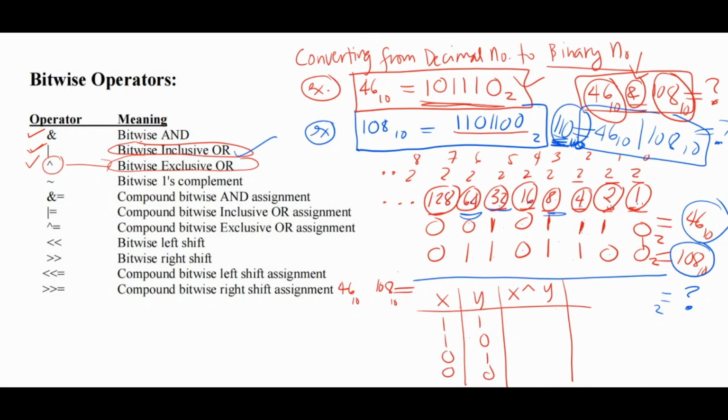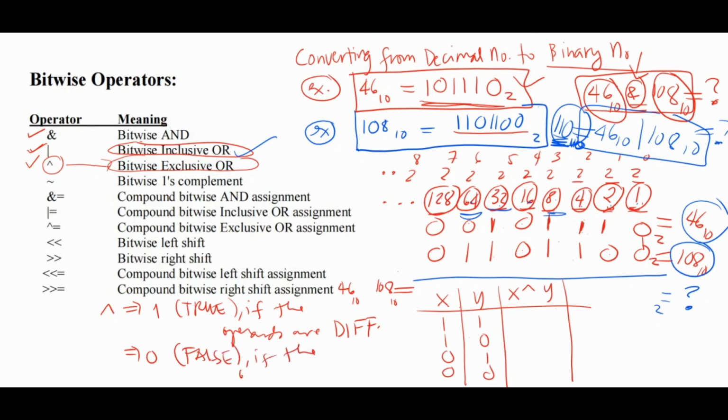Again, exclusive OR would result to 1 or true if the operands are different. This would result to 0 or false if the operands are the same. So for different operands, it would return true. For same operands, it would return false. So exclusive OR will be true if the operands are different, but if they are the same, then it returns the value false or 0.